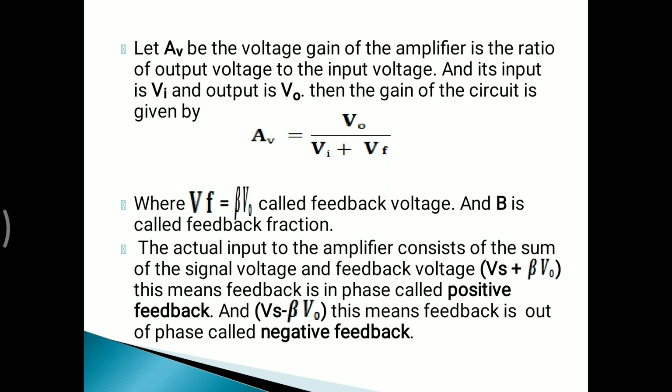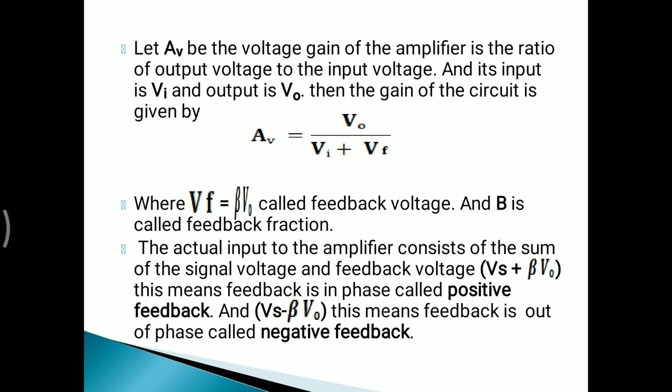Here I told that Vs plus beta into V naught. Vs here means the source voltage, added with the feedback network. The input of the amplifier has two signals, one from the source voltage and another from the feedback voltage.